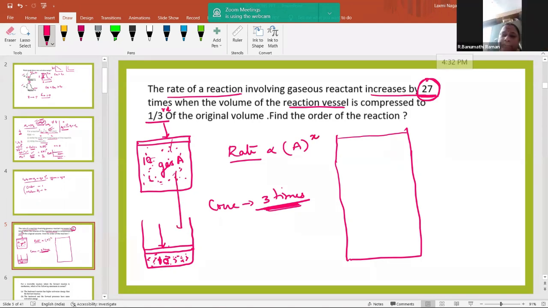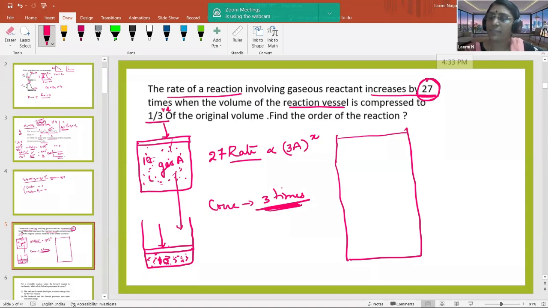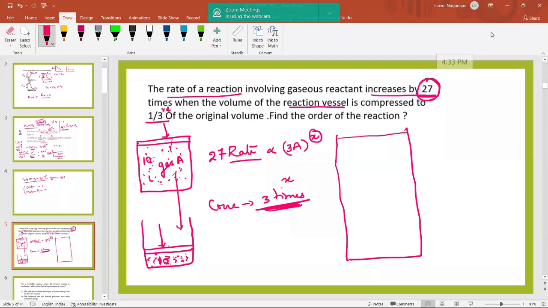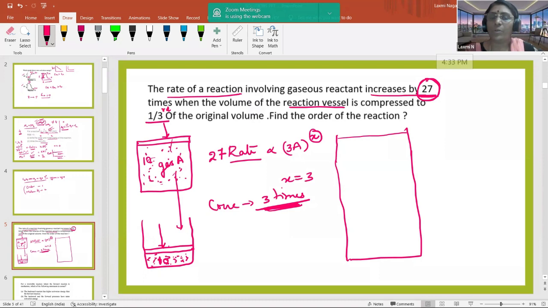Now by compressing, I am increasing the concentration by 3 times, and the rate is now becoming 27 times. So what should be the value of x here? 3. If x is equal to 3, then it would be 3 into 3 into 3, 3 to the power 3 equals 27. This was one of the rare questions which we had earlier.